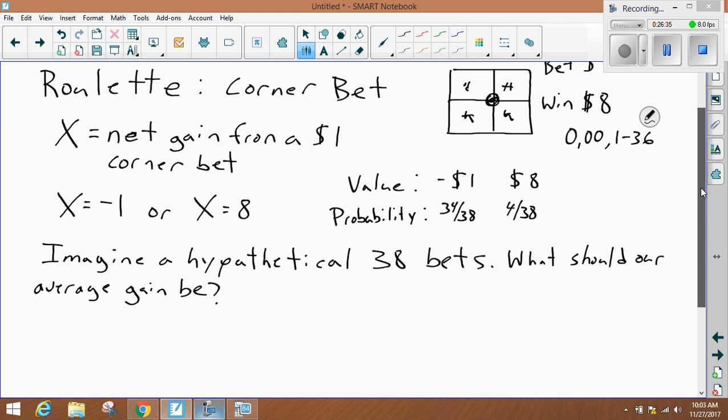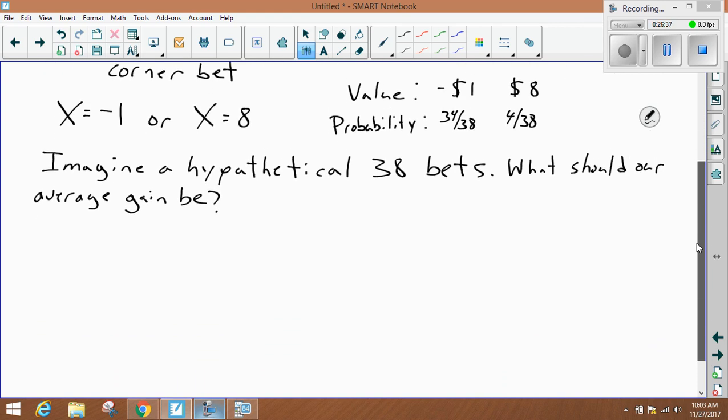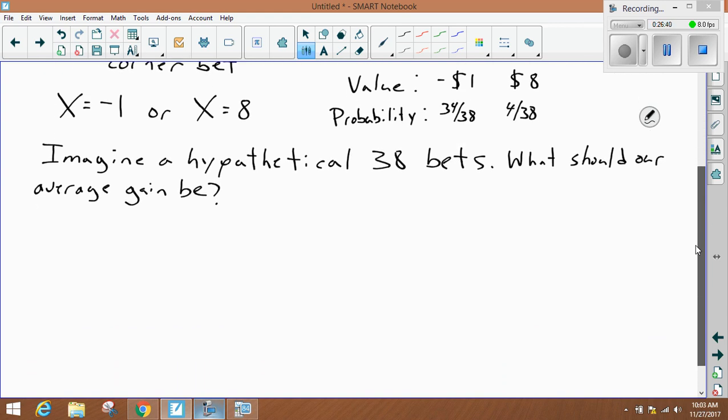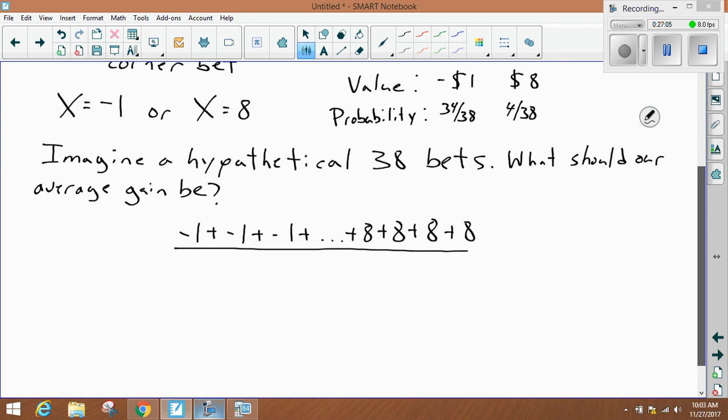So for 38 bets, we should have -1 plus -1 plus -1, and we're going to have 34 of those, right? Plus our 4 wins, which would be plus 8, plus 8, plus 8, plus 8, right? That's our 4 wins. Divided by 38, right? That would be our average, yeah?